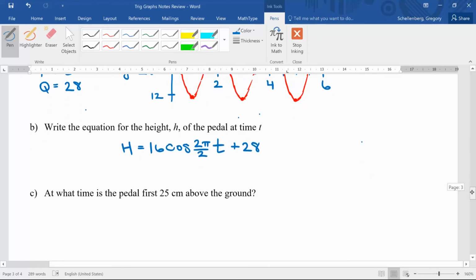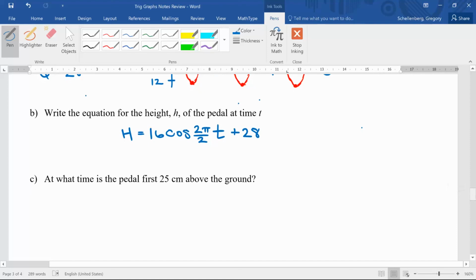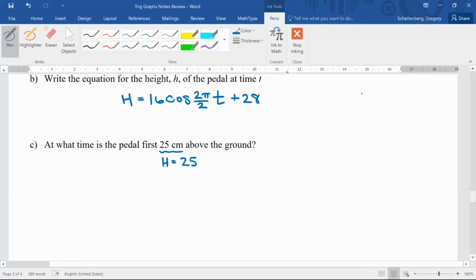Okay, now at what time is the pedal first 25 centimeters above the ground? Okay, so this is an h value. H is equal to 25. Let's plug that into the formula that we just came up with, and we will solve for t.